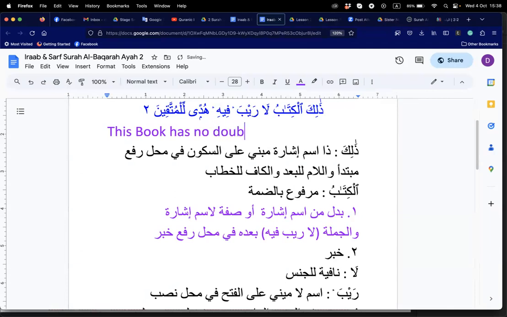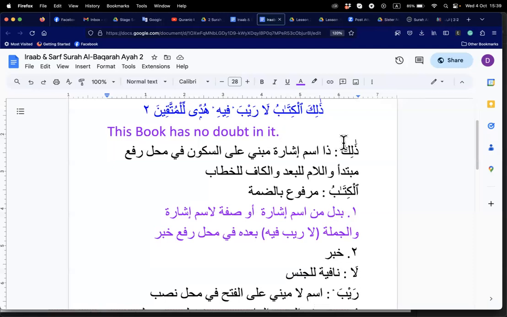Yes. If you say that, so this is the purple one. This is the mubtada until the purple here. And then the la roiba part is your khabar.